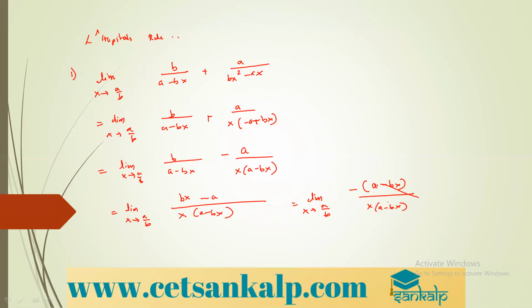So a minus bx and a minus bx will cancel. We have limit of minus 1 by x as x approaches a by b. So you will have minus 1 by (a by b), or minus b by a. That's the final answer.